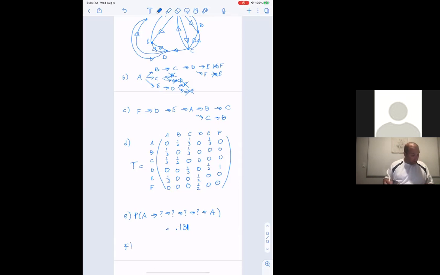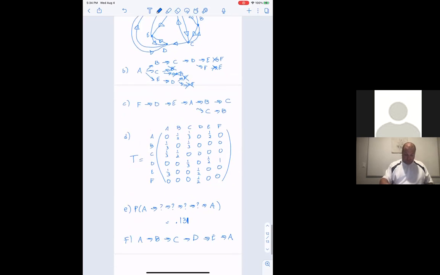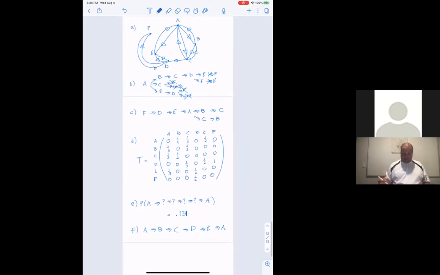F. Determine the probability that he visited the pages in the order Antoine, Bell, Charles, Don, Emil, Antoine. Well, we don't need a calculator for this. Think about it. A to B has a 1/3 chance of occurring.